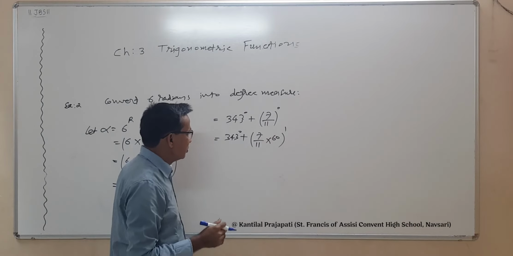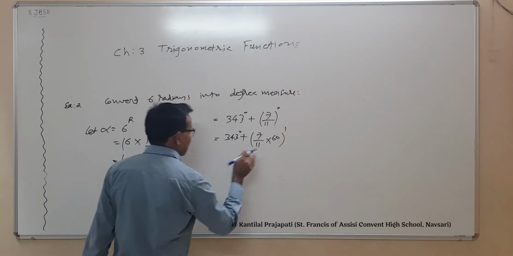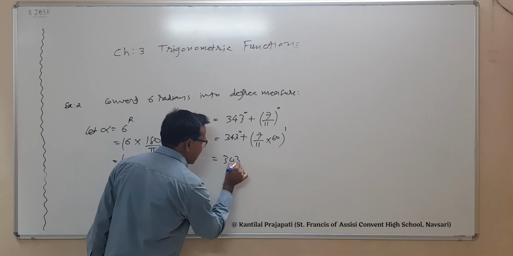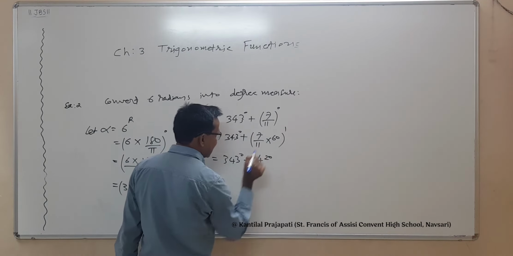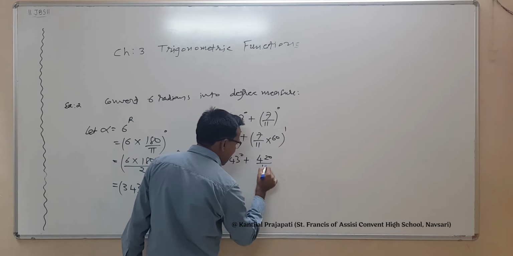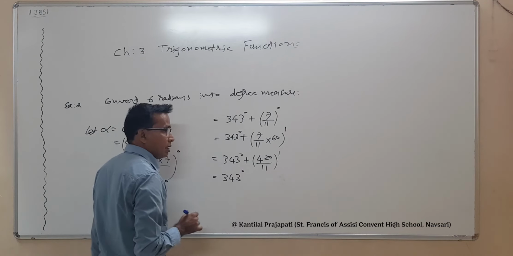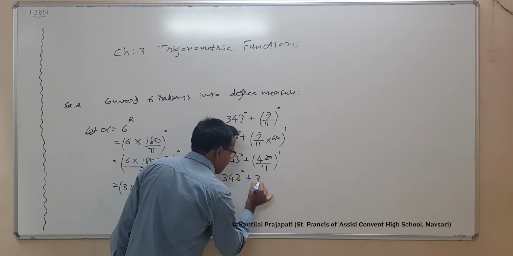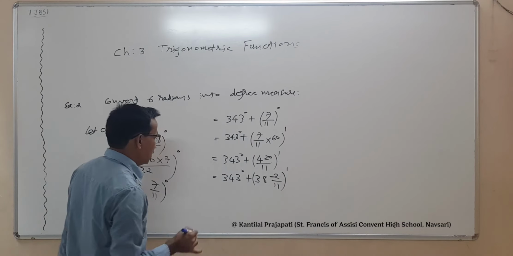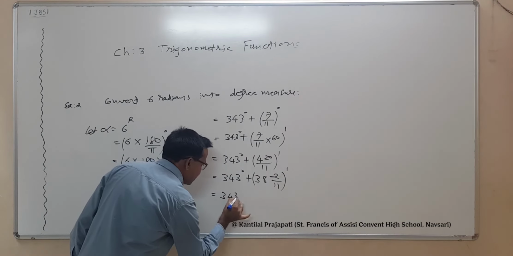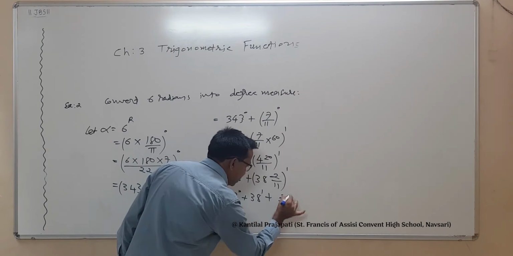When degree is converted into minute, it is multiplied by 60. Simplification gives 343 degree plus 420 by 11 minute, which is 343 degree plus 38 and 2 by 11 minute. Again we separate this: 343 degree plus 38 minute plus 2 by 11 minute.